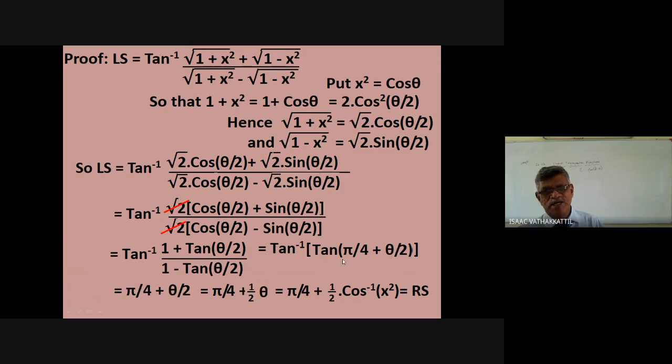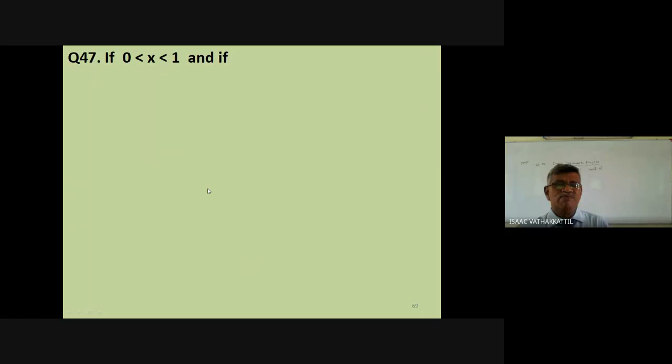Again, we are applying this in very many questions. Tan of pi by 4 plus theta by 2 is 1 plus tan theta by 2 upon 1 minus tan theta by 2. The reverse also. Okay. Well, let us have a different question here.